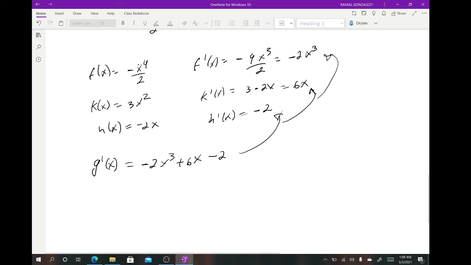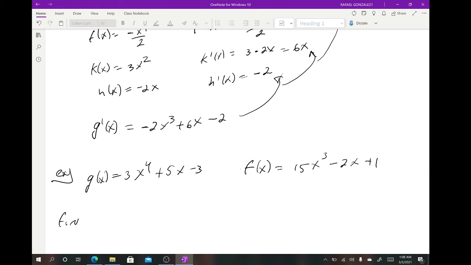Okay. Let's do one more. Say g of x equals 3x to the 4 plus 5x minus 3, and f of x is equal to 15x cubed minus 2x plus 1.